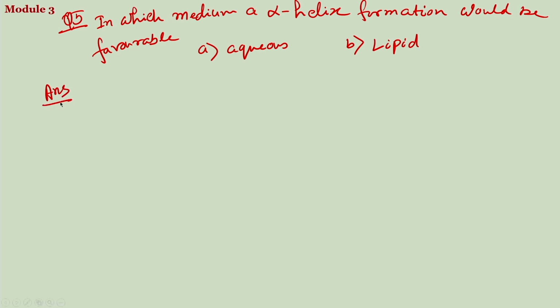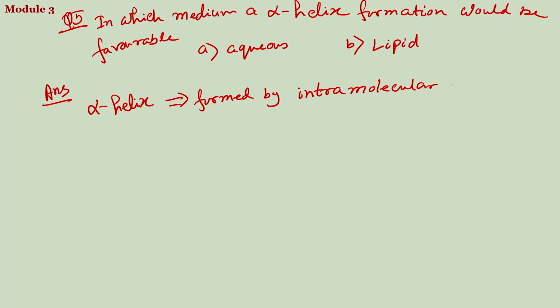What is the answer? So, when we talk about alpha helix, how is it formed? Alpha helix is formed by intramolecular interactions, primarily the intramolecular hydrogen bondings.